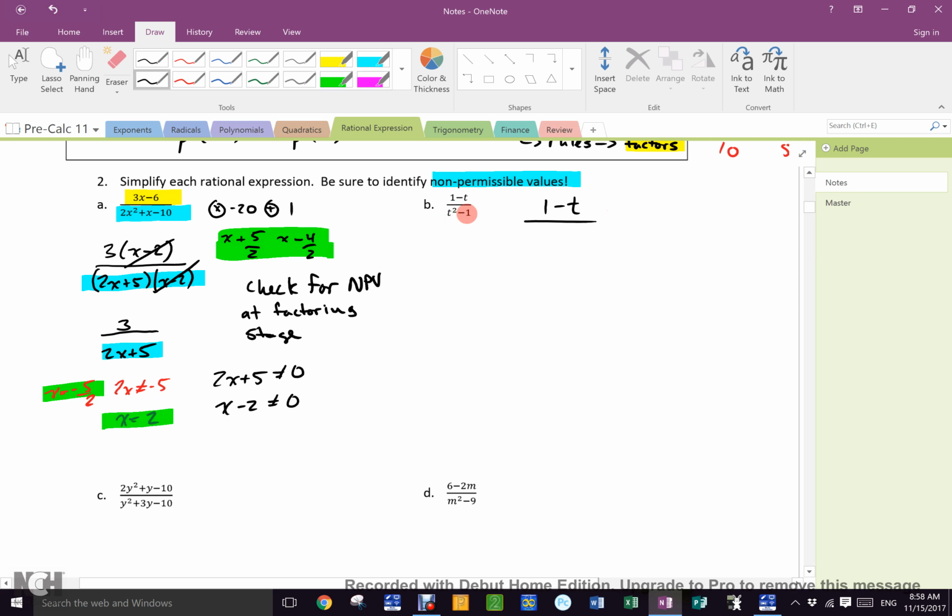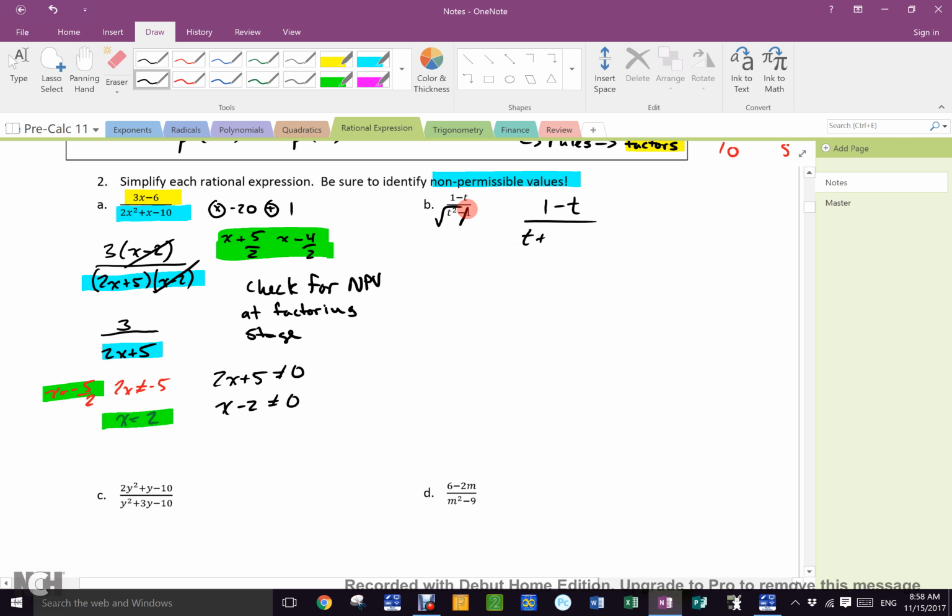How do I factor that? It's a difference of squares, so factor it for me. If you do not remember difference of squares, it's the square root of the first one. What's the square root of t squared? T.